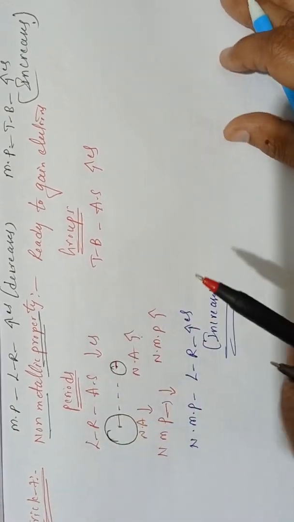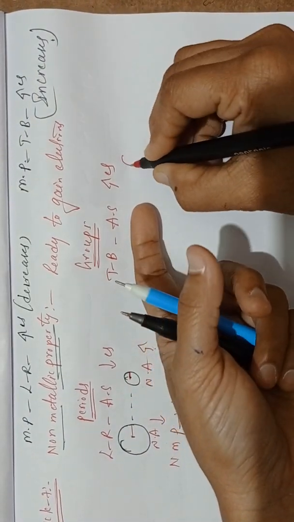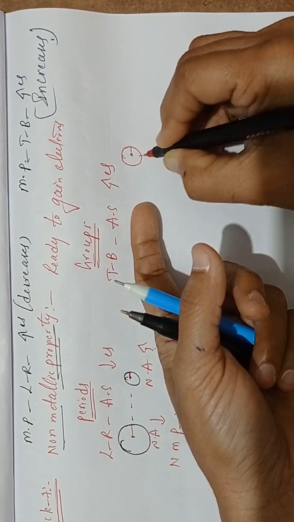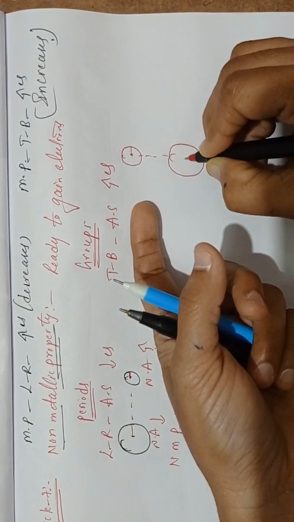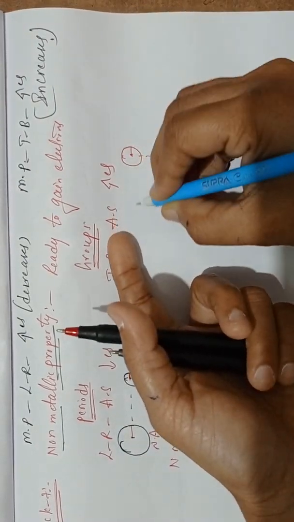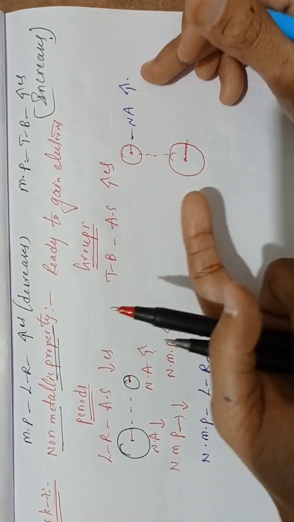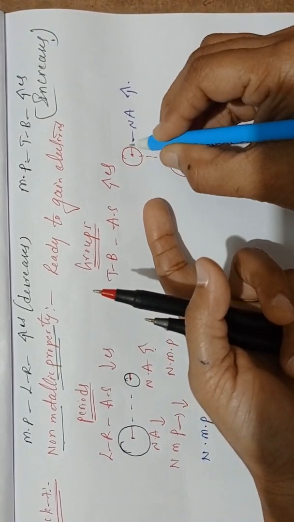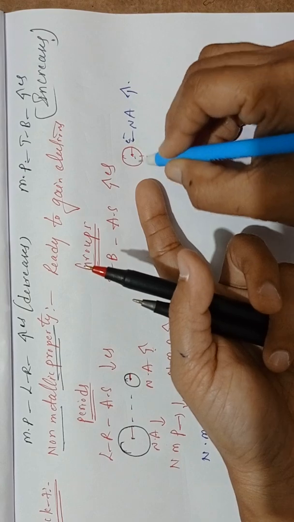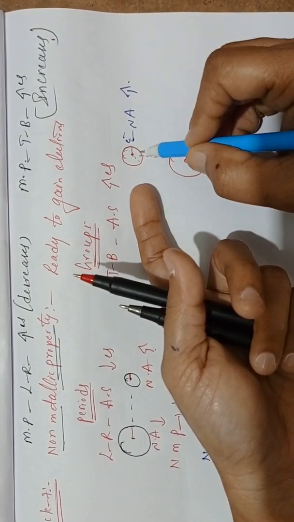Increases. Okay. Now here see students, top to bottom atomic size increases. Increases means small to big. Here what about nuclear attractions? Nuclear attractions are more, so it is ready to gain the electron. Yes, it is ready to gain because nuclear attractions are more on the valence electron.